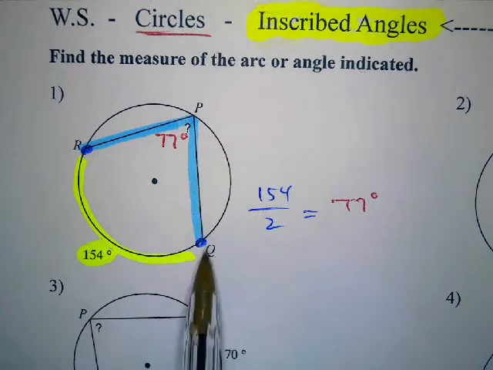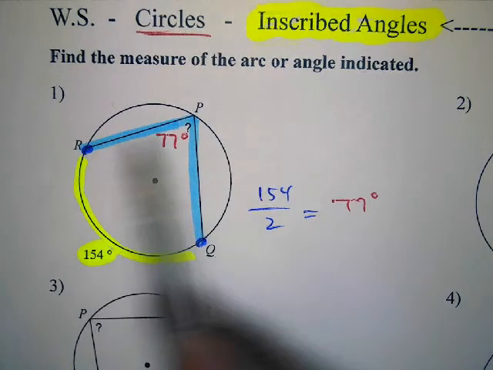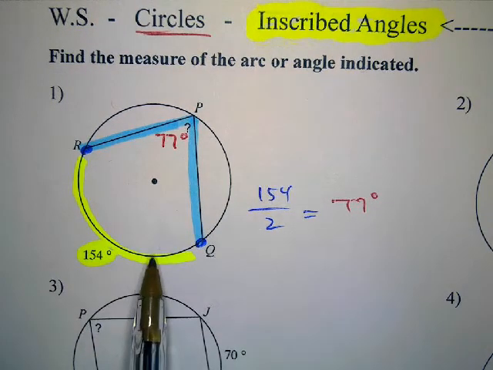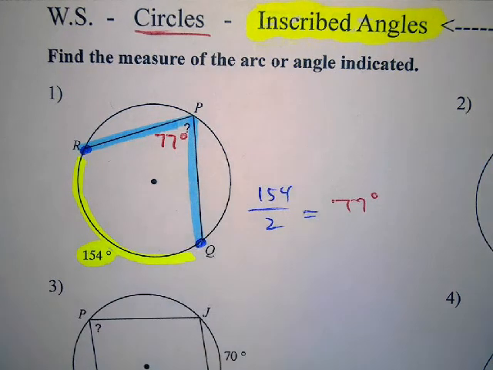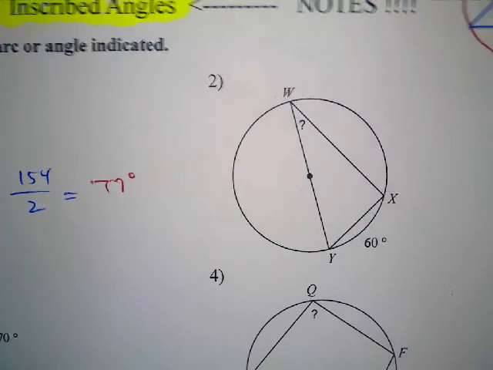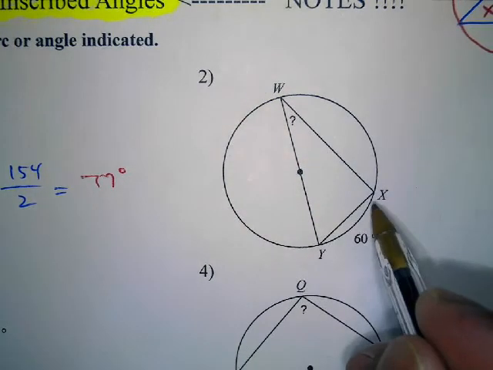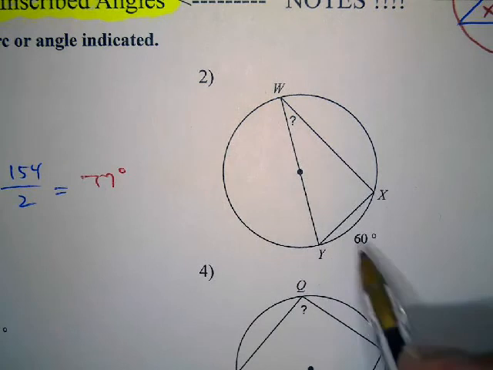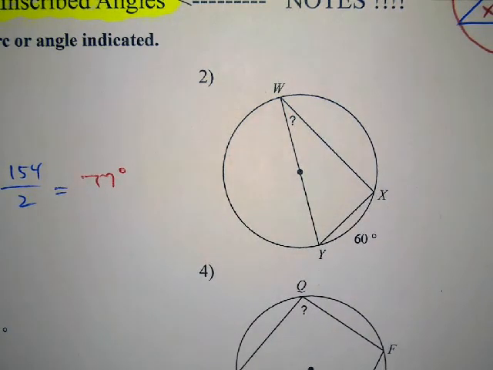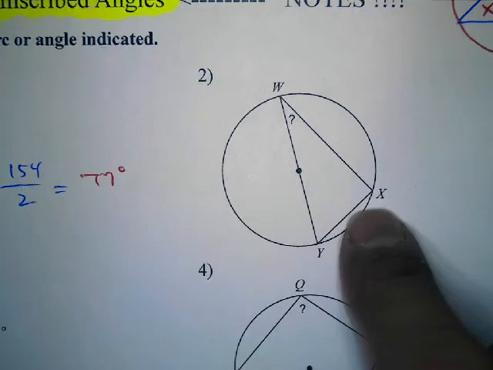Easy one, right? But again, you're going to see that using the colors and the highlighters is going to help you a lot, because later when we've got a bunch of lines, it's not going to be as easy. Look at number 2 now. Again, this one has not just a simple angle. Then they start drawing lines across, some lines that are pretty much there to throw you off.